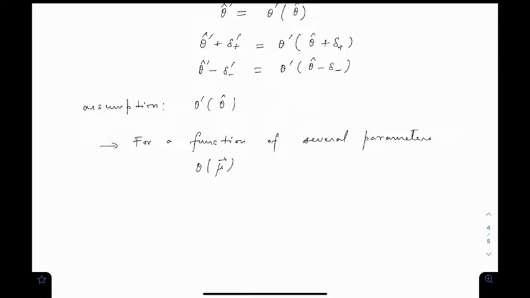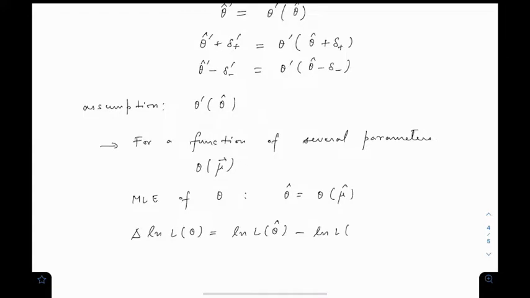Now, the maximum likelihood estimate of theta is simply theta corresponding to mu hat, and the profile likelihood of theta has to fulfill the relation delta of the log likelihood equals a given value, to find the two values of theta for the given delta log L. You have to find the maximum and minimum of theta fulfilling the constraint.